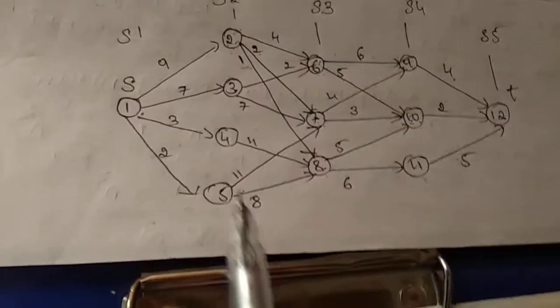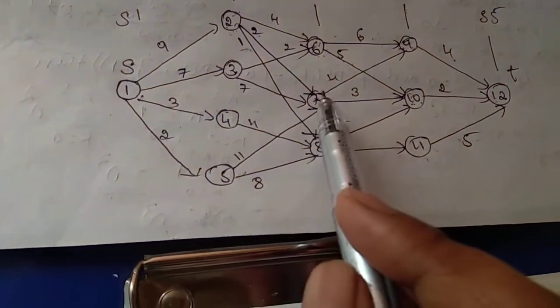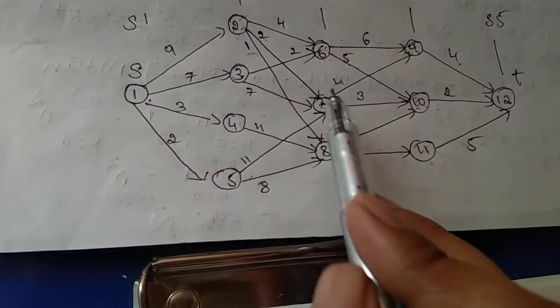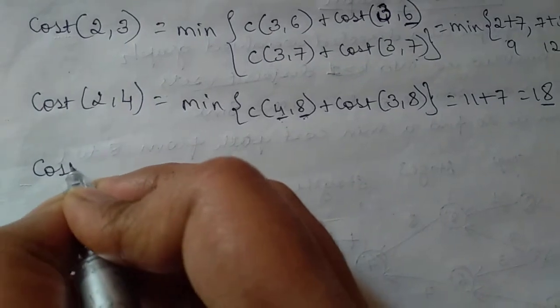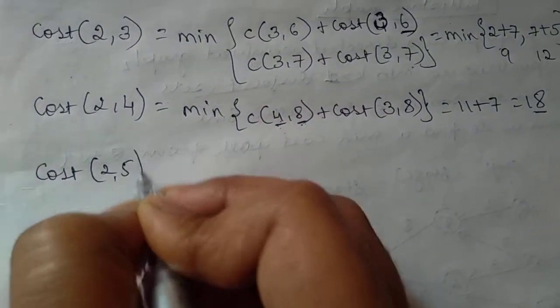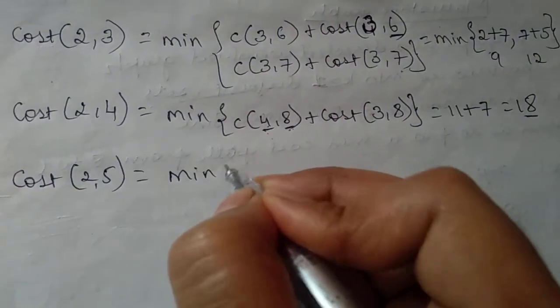Okay. Next 5. From 5 I have 2 vertices, that is 7 and 8. I will take cost of vertex 5 in stage 2.